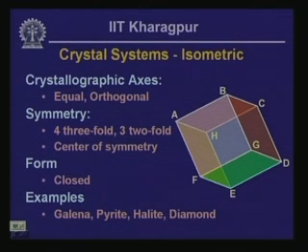Now, for explaining this aspect, I just considered a simple crystal shown on the right side of this slide. You can easily see that the crystal is of the cubical form, and actually halite crystals, halite is essentially rock salt, halite crystal is of this type of appearance.